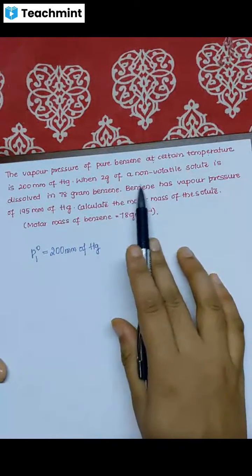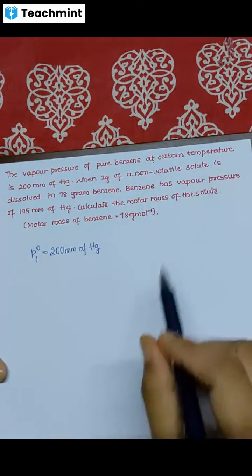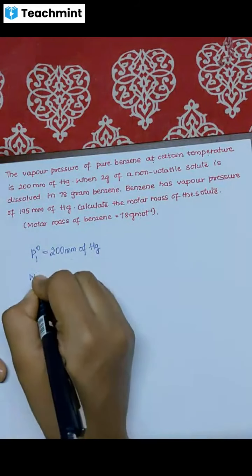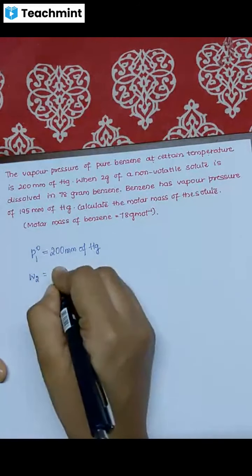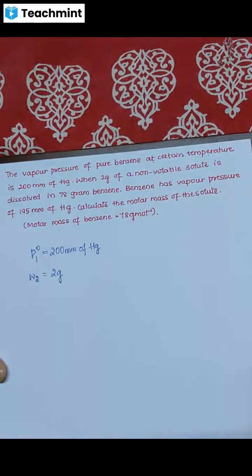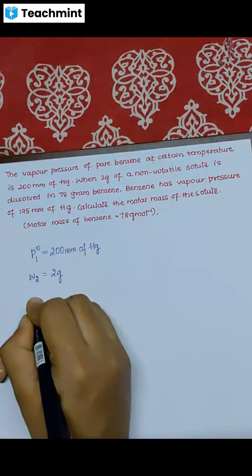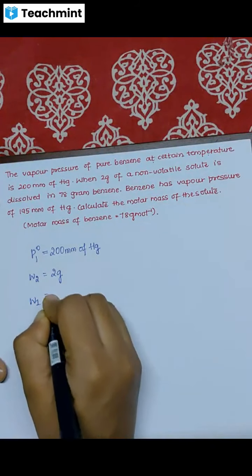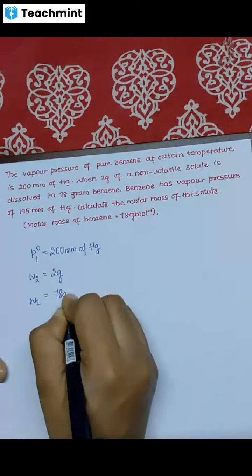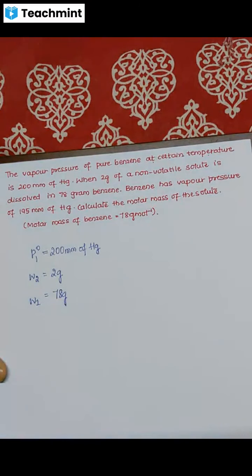When 2 gram of a non-volatile solute, 2 gram means it is the mass given, W2 equal to 2 gram, is dissolved in 78 gram of benzene, W1 is also given, it is 78 gram.